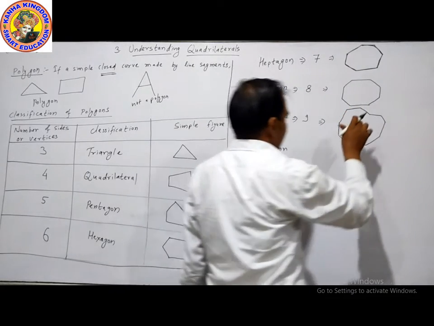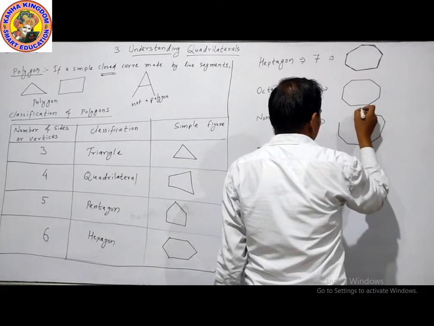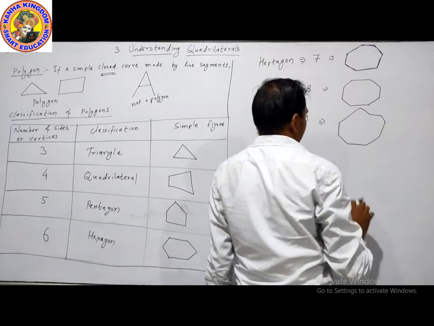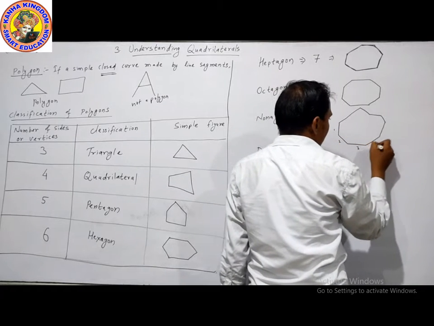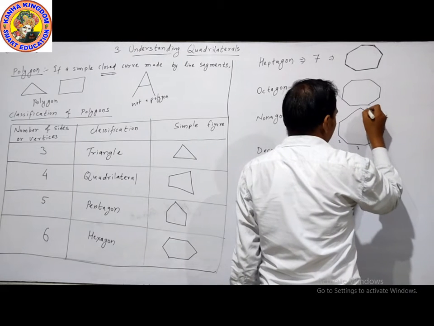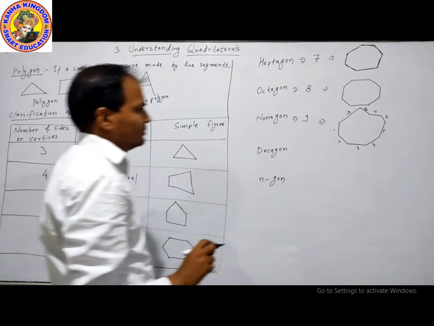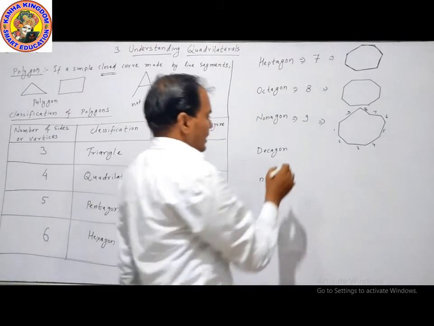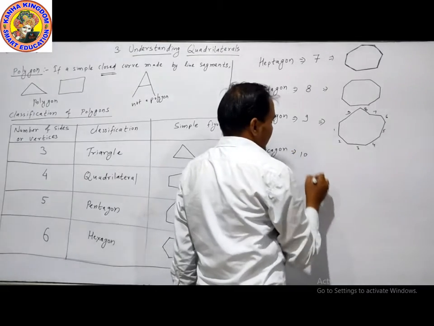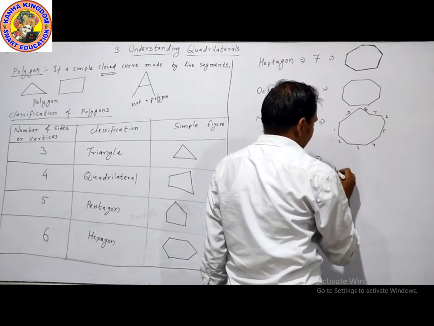Sorry, 9 sides, only 9, not the 10. So this is over 9. 1, 2, 3, 4, 5, 6, 7, 8 and 9. This is our nonagon.